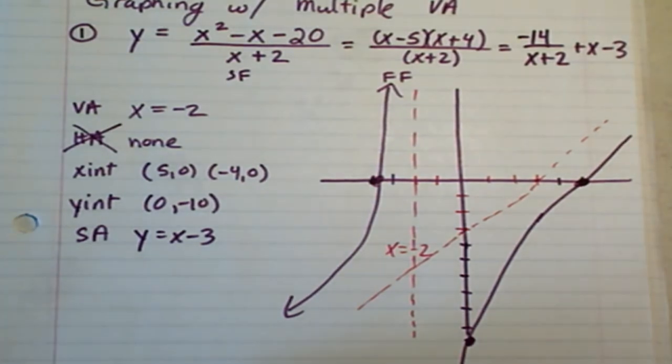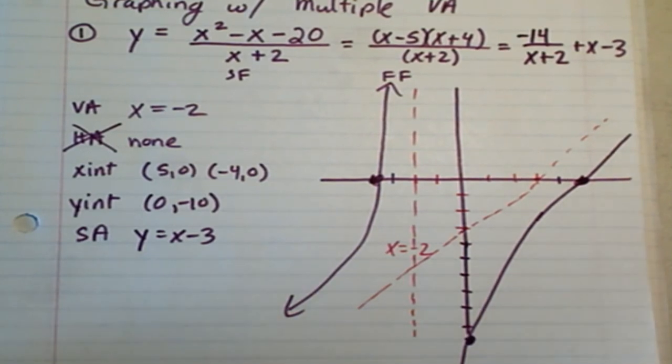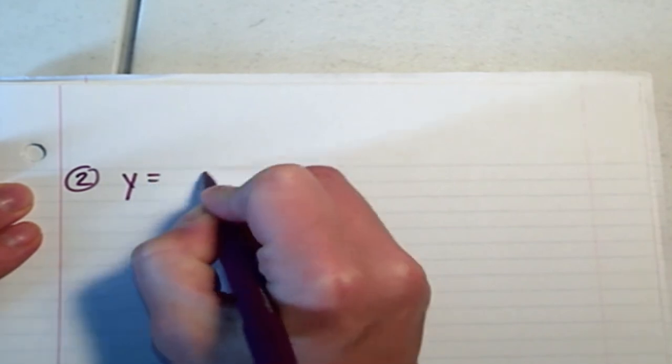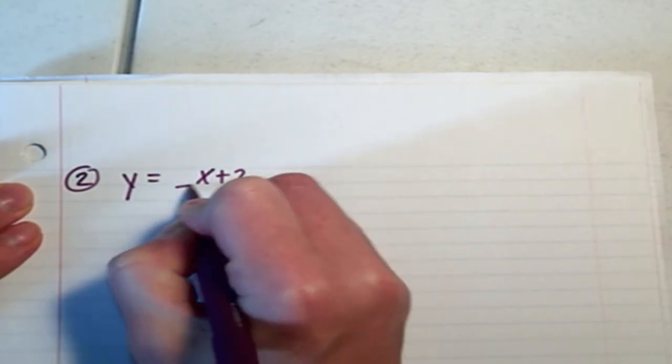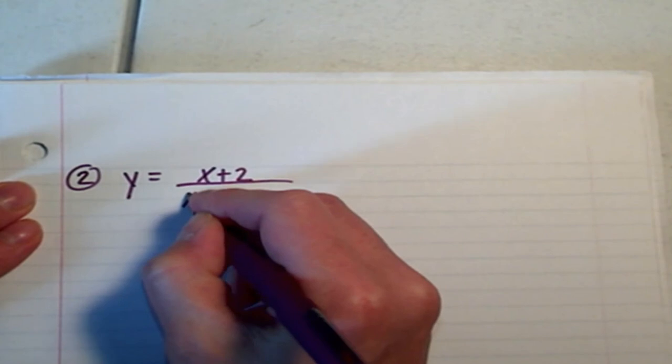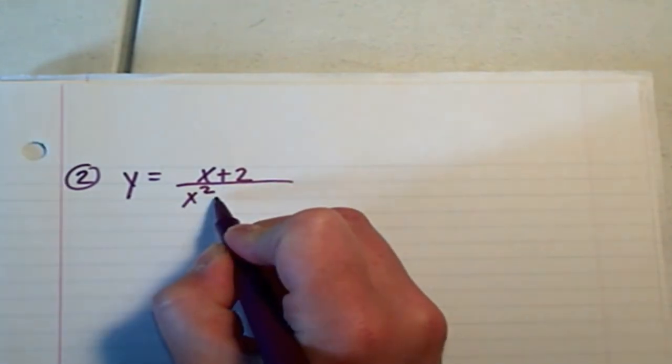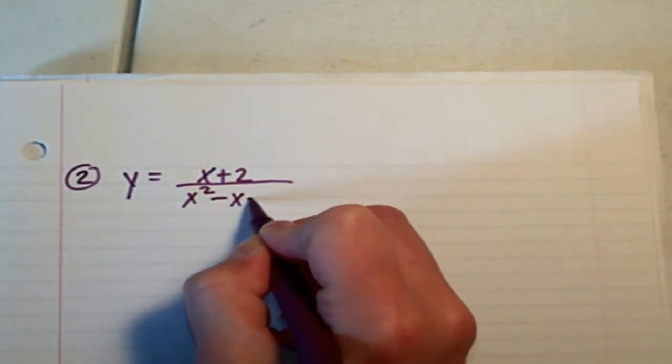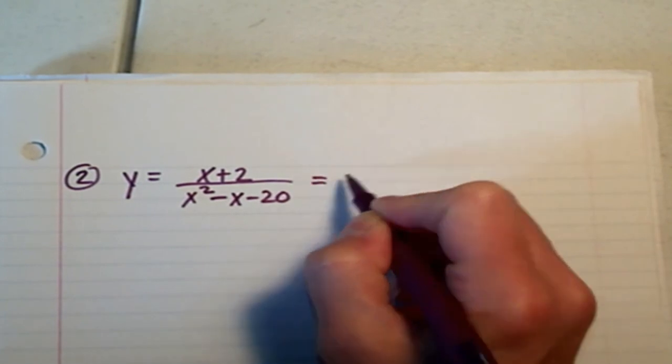Okay, now I'm going to go ahead and flip my page, and we're going to do 2 vertical asymptotes. That one was just a quick review. Okay, y equals, I'm actually just going to switch it, see what happens, x squared. Okay, same thing.